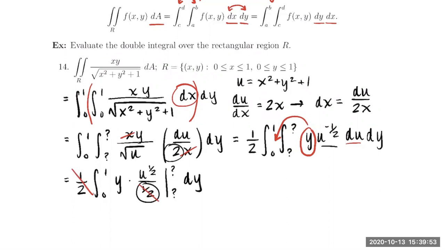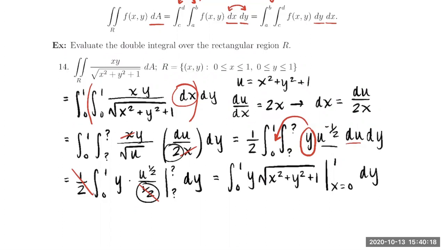And then furthermore, let me trade my u to the 1/2 back for what my original u substitution was. So recopying my integral, recopying my y, this becomes a square root of x squared plus y squared plus 1. And I want to now evaluate where x is running from 0 to 1, dy.